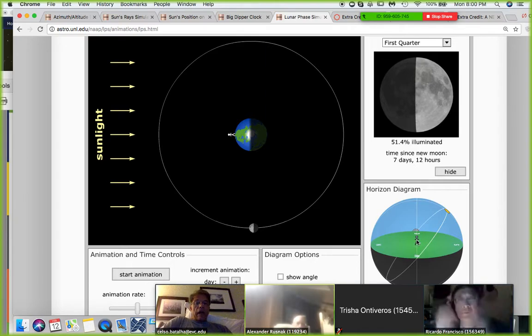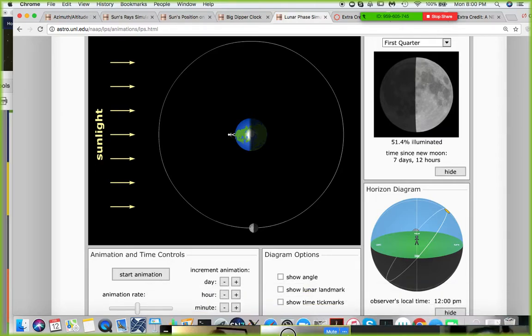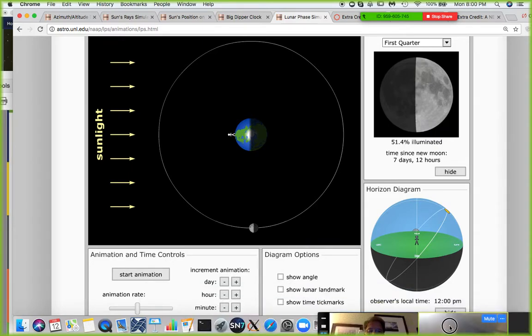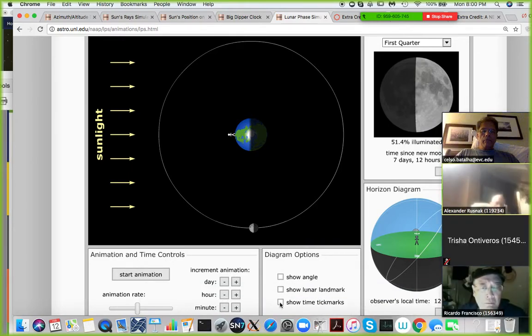So here's us. This is the sun, and this is the moon. The moon is rising for this person over here. Let me bring up the time. Sun is over there: noon, sunset, midnight, and sunrise.